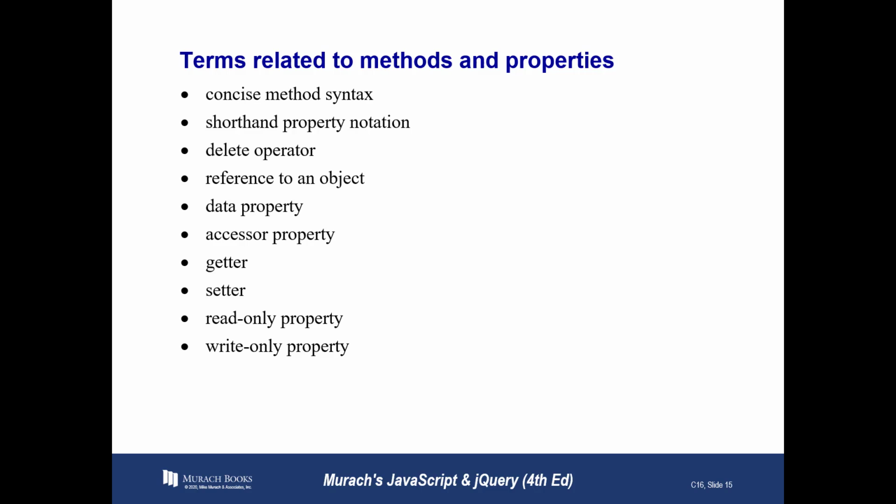All right. What data and what accessors are, what getters and setters are. A read-only property is just that. It can be read, but it can't be set. So it cannot appear on the left-hand side of an equal sign. Can't have a set routine run on it. A write-only property can be set, but you can't run a get on it.